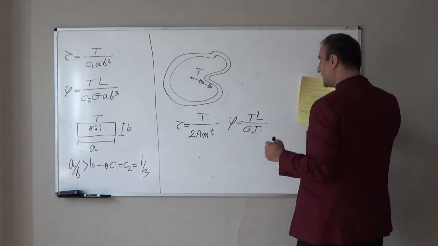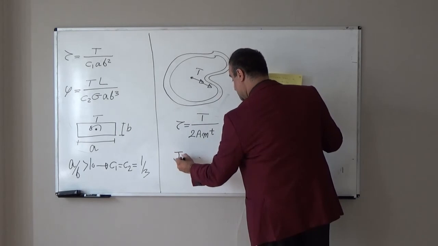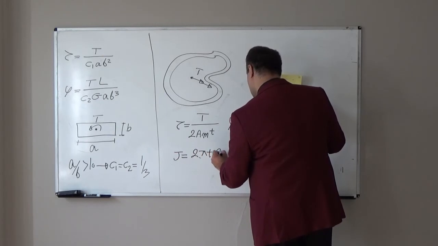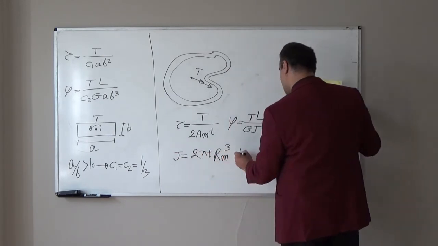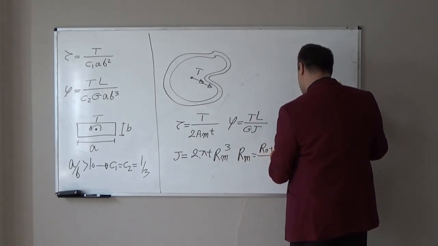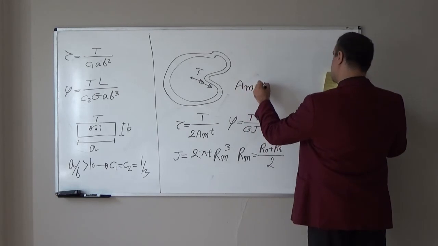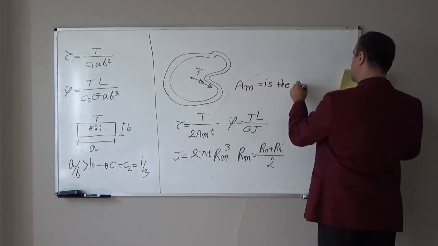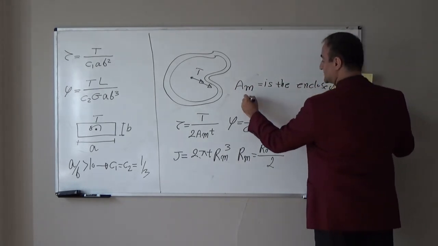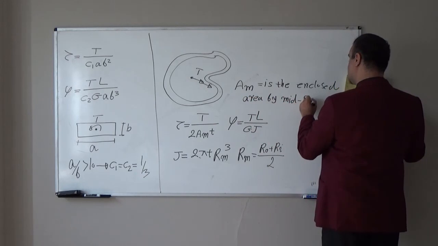For this kind of thin-walled cross section, the polar moment of inertia J, we can find, is equal to 2 pi t Rm cubed, and Rm is the average of the outer and inner radius, and AM is the enclosed area by the mid-surface.